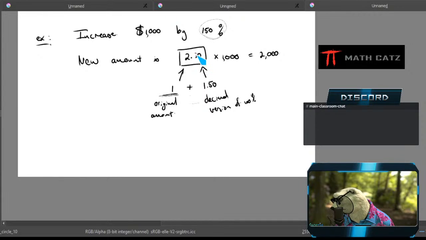And therefore, when I put that with the 1, I get 2.5. Obviously, the calculation answer will change to 2,500. But the construction of the calculation, that is the key. It doesn't change.